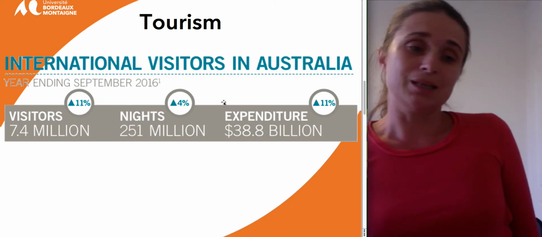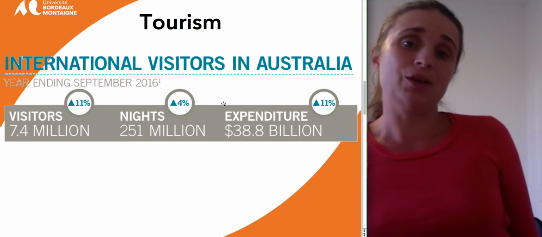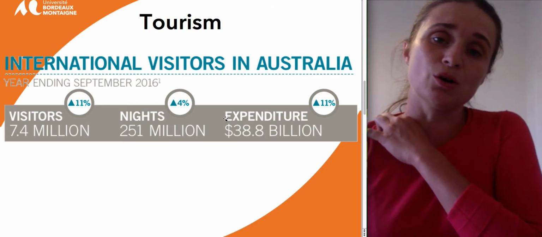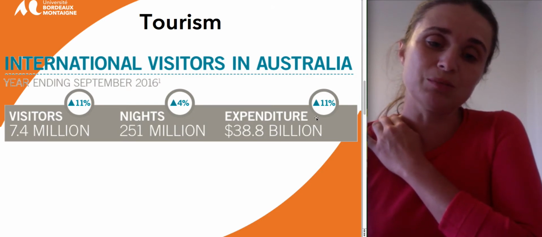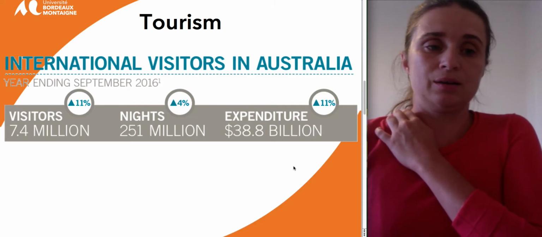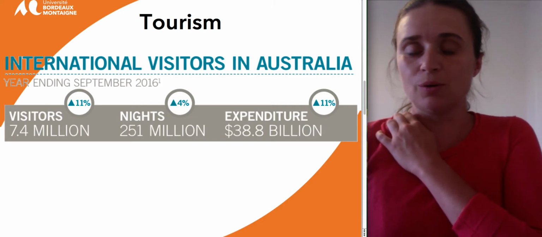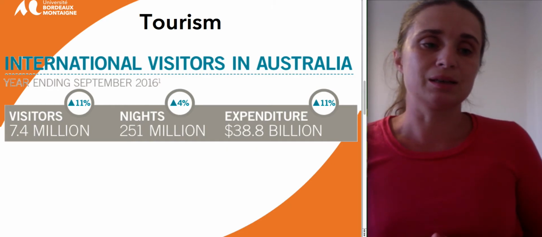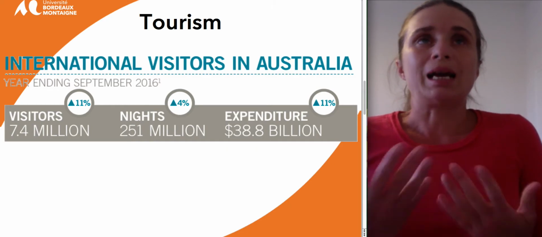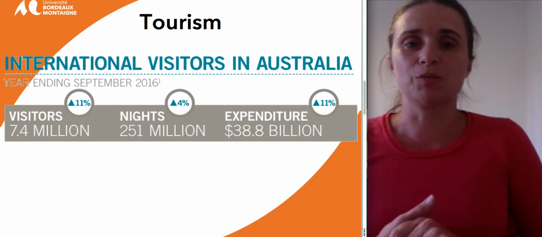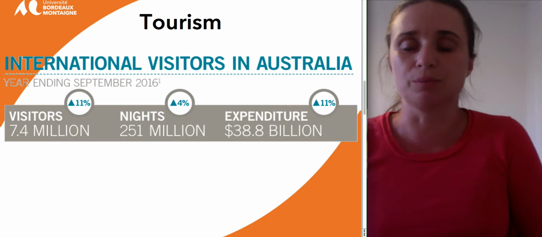And what is of course very interesting for the Australian government is that they spend a lot of money, about $40 billion in Australia. So tourism is something that is actively promoted by the different government agencies linked to tourism in Australia.